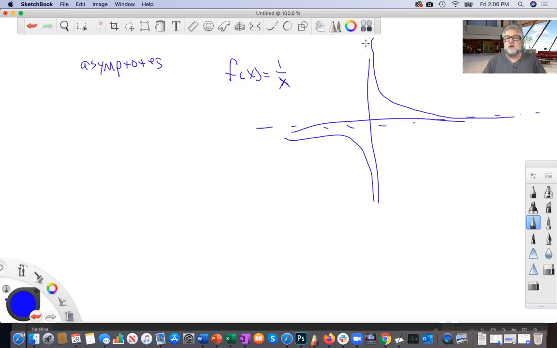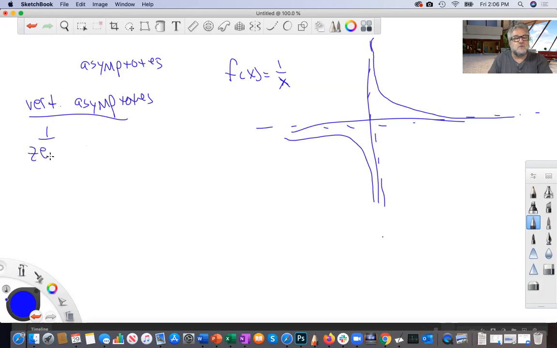You normally show an asymptote with a dotted line. Kind of hard to do it when they're right on the axes, right? And the vertical asymptotes occur when we divide by 0. Okay?